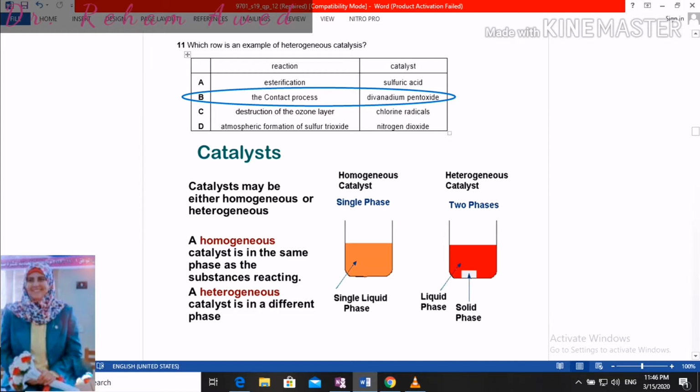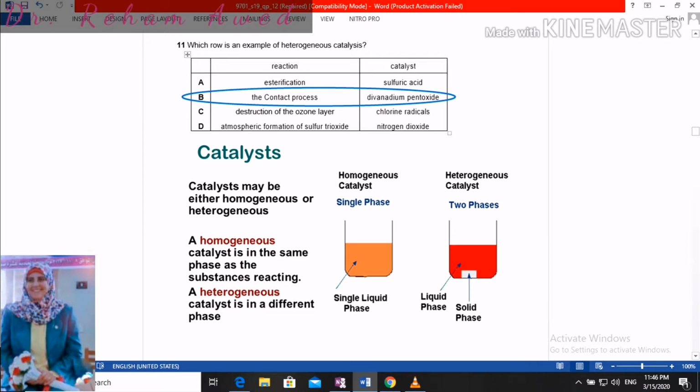Reaction between carboxylic acids and alcohols will form water and ester. And catalyst used is sulfuric acid. It is our catalyst. So we are reacting solutions with aqueous catalyst. So it is homogeneous catalyst.